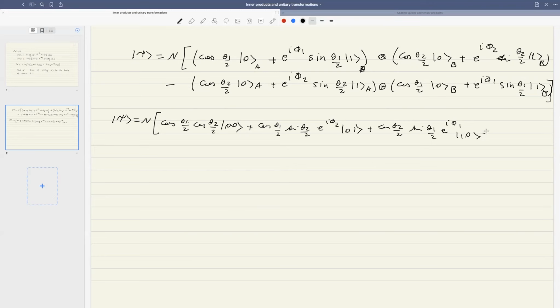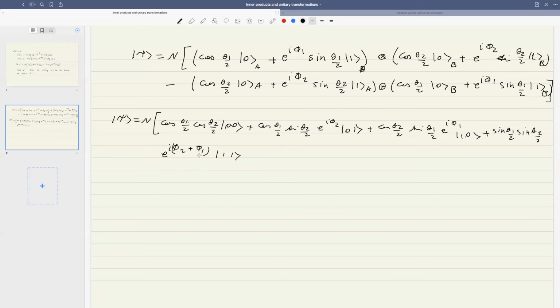And finally, we get the two ones, 1A, 1B. That's going to be sine theta 1 over 2 sine theta 2 over 2, e to the i (phi 2 plus phi 1), with the state 1, 1.